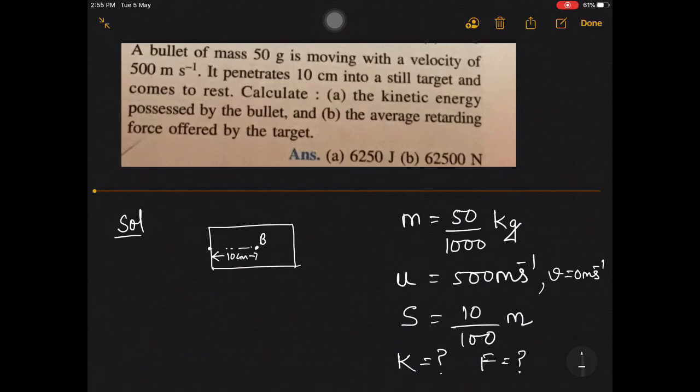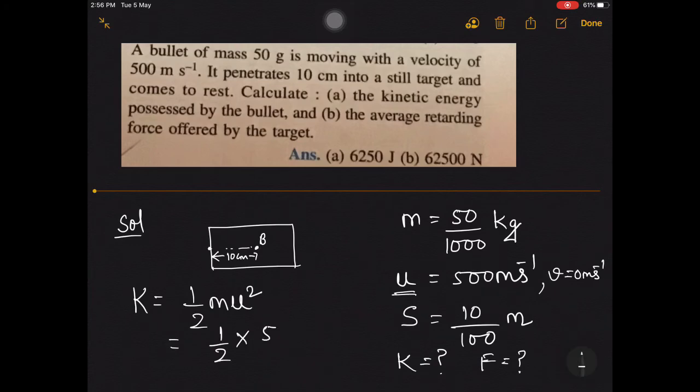Now calculate number 1, kinetic energy. How much is the kinetic energy? Means they are talking about initial kinetic energy. So half m velocity square, in this case I will write u square because u is my initial velocity. Doesn't matter, my formula is same, half into mass into velocity square.